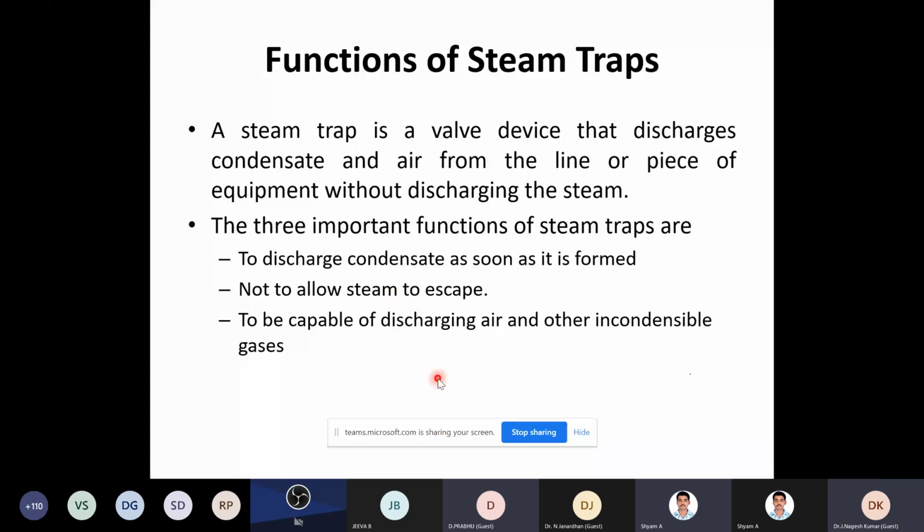So in addition to steam, as we said initially, there could be some non-condensables, that means air and other gases which will not condense. So this will go and create blocks in the system. So they have to be discharged. So it also has to function like an air discharging device.